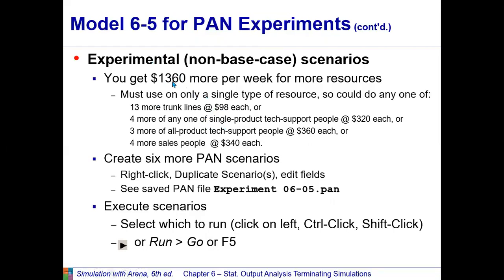If they hire new tech people, tech 1, tech 2, or tech 3, dividing 1,360 by 320, their weekly salary as part-time staff, they might have 4 new tech people.